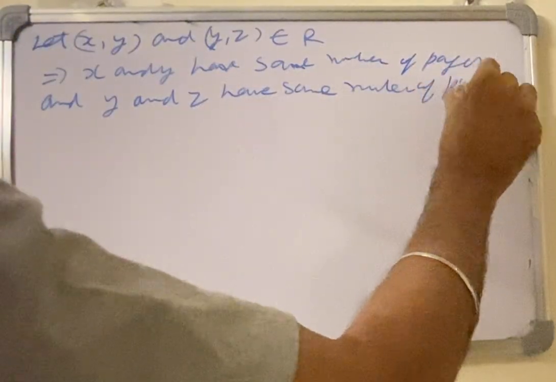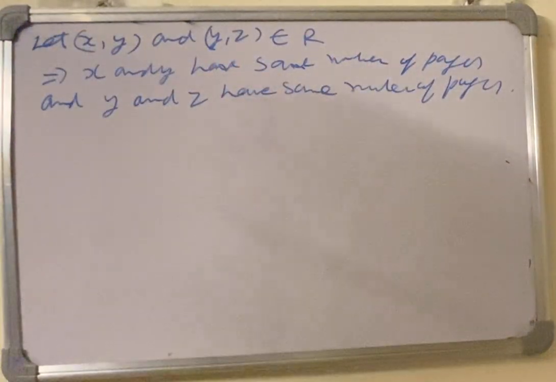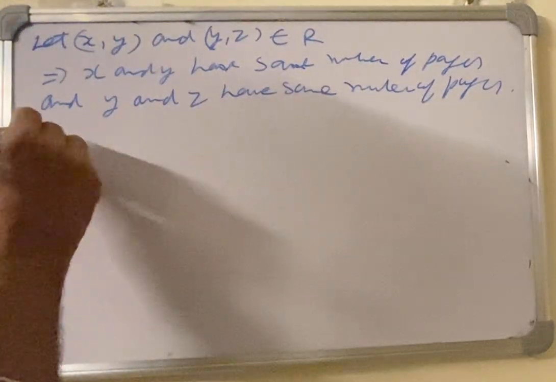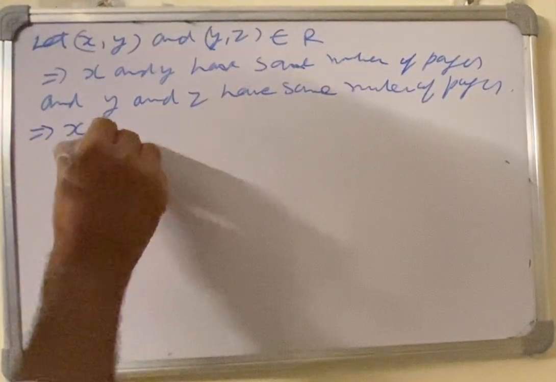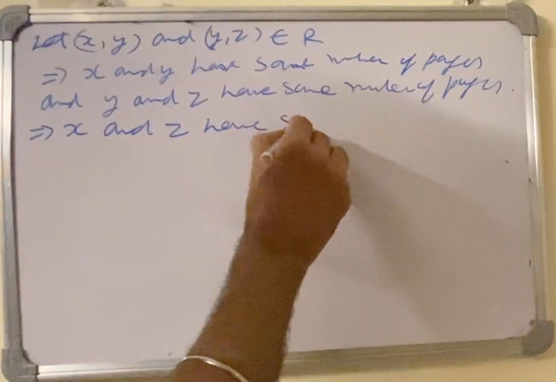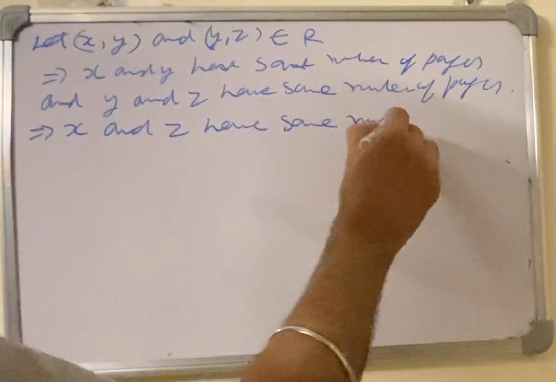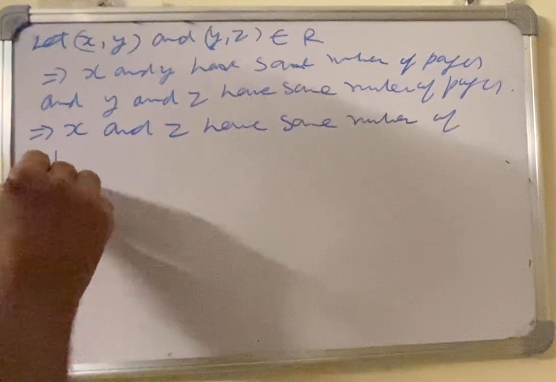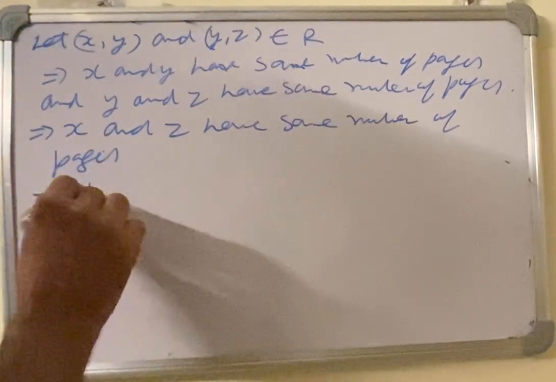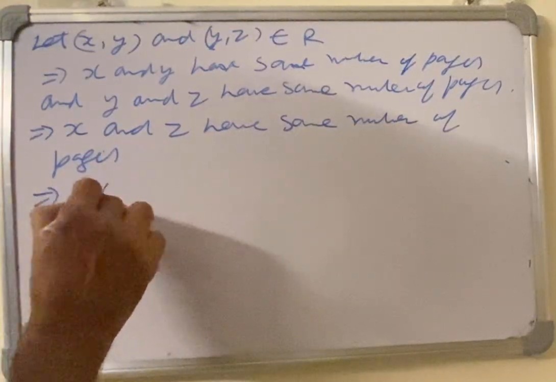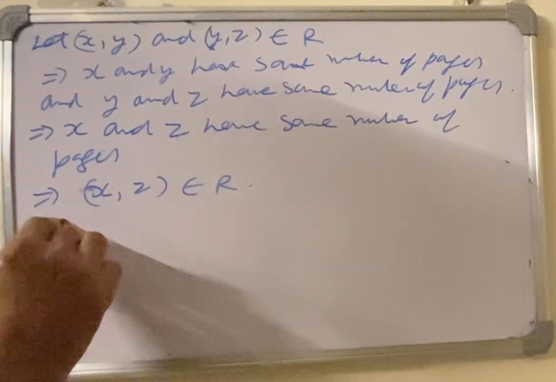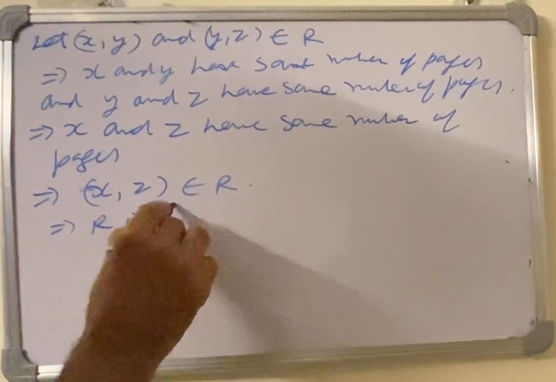Now you can see x and y have the same and y and z have the same. This implies x and z have the same number of pages. Which implies x, z belongs to R. Therefore R is transitive.